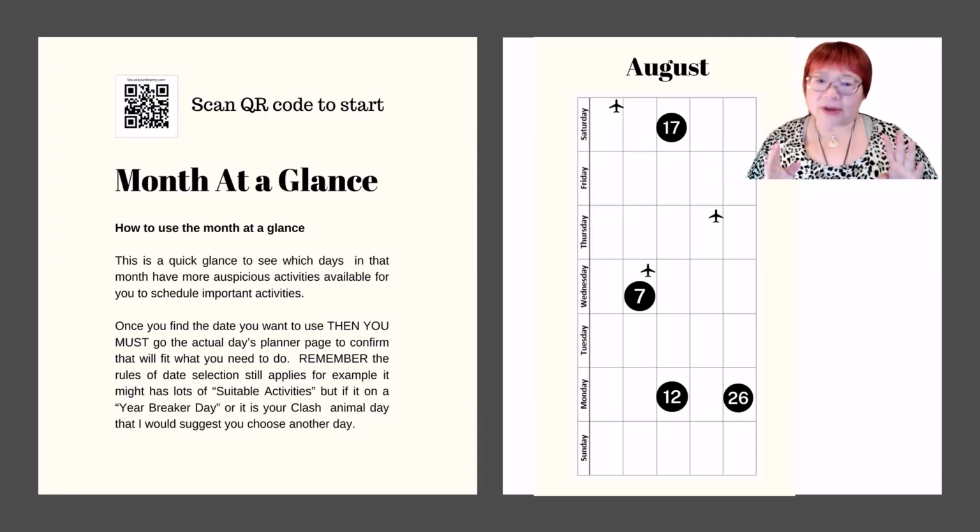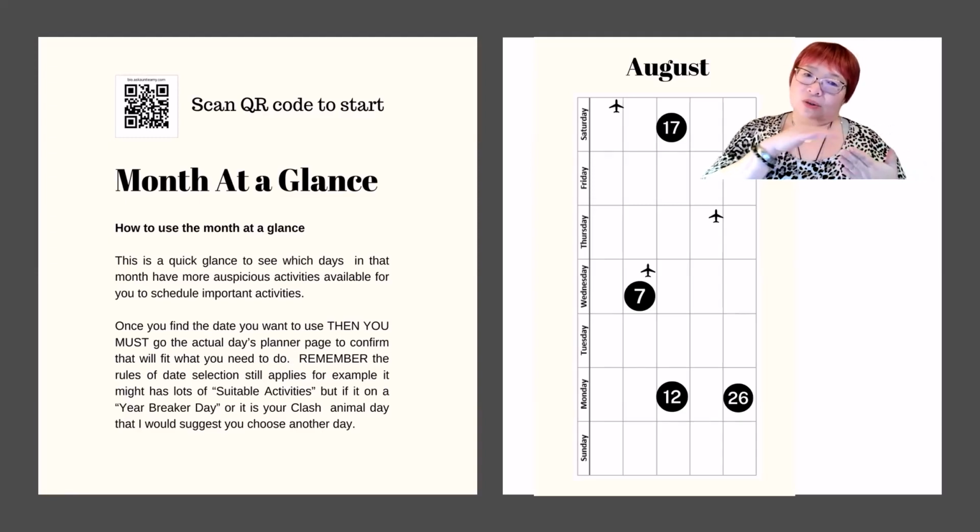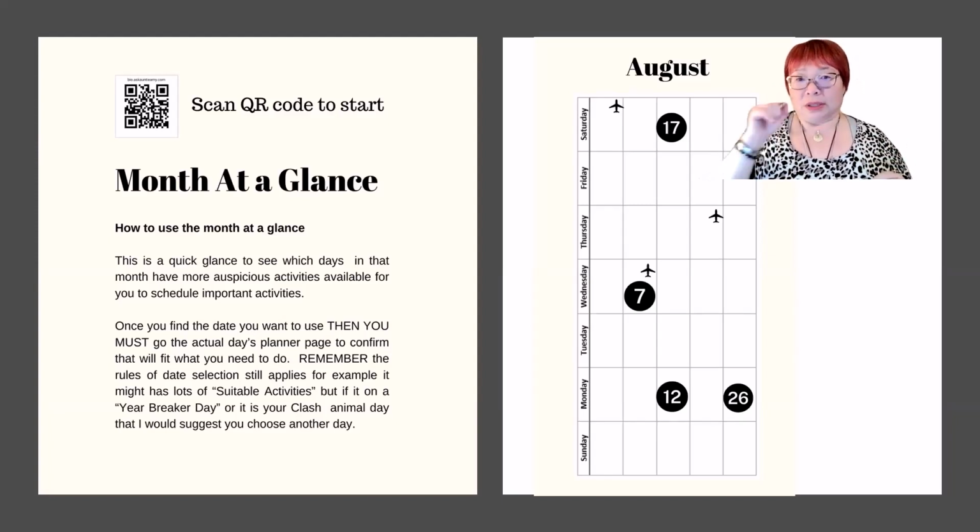I know it's kind of weird, but it starts with Sunday, Monday, Tuesday, Wednesday, Thursday, Friday, and Saturday. And I actually put in the number. If you look at, for example, the August here, it actually has August 17th. It's a good day because it actually pops up 17. So in August, so August 7, 17, 12, and 26, those are good days.